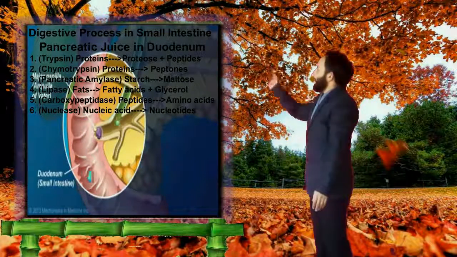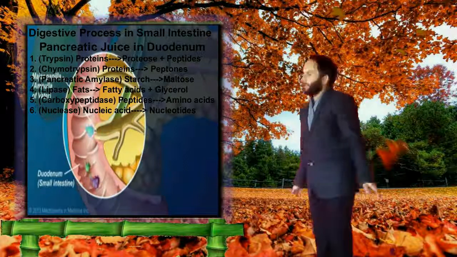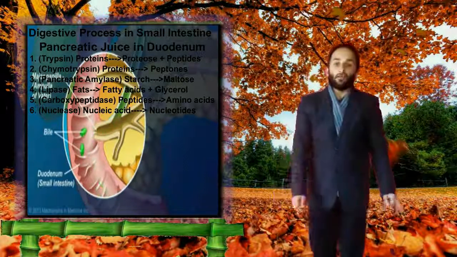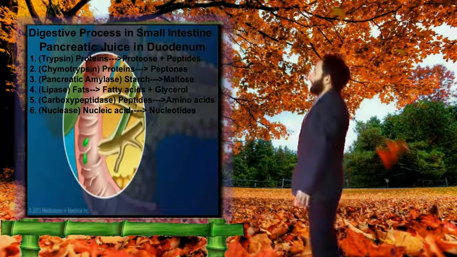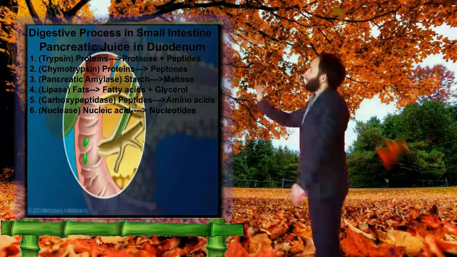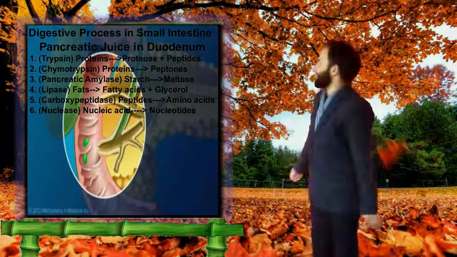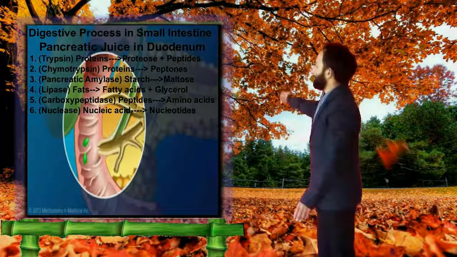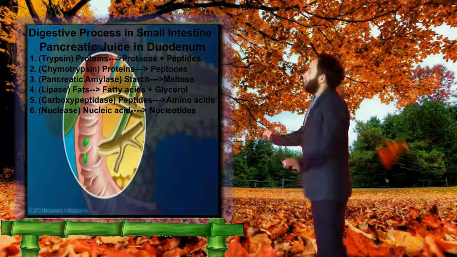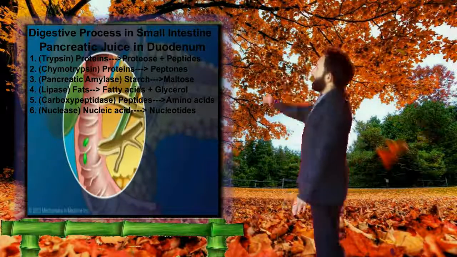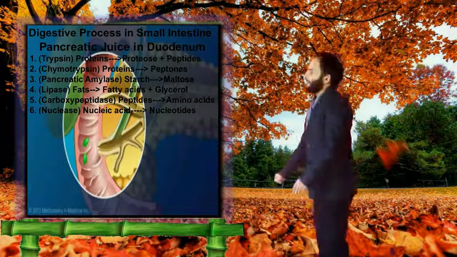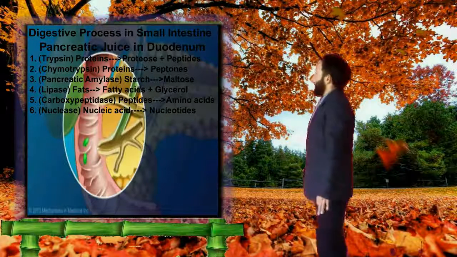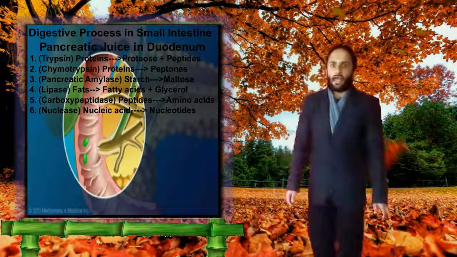Chymotrypsin converts proteins into peptones. Pancreatic amylase converts starch into maltose. Lipase converts bile-emulsified fats into fatty acids and glycerol. Carboxypeptidase converts peptides into amino acids. Nuclease converts nucleic acid into nucleotides.